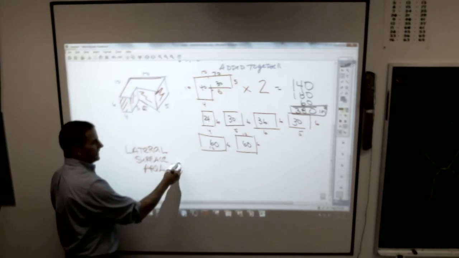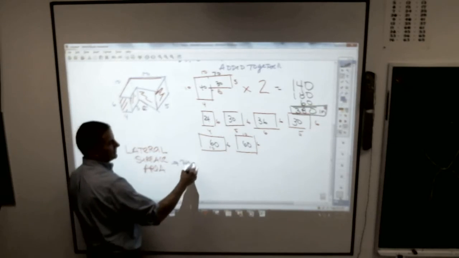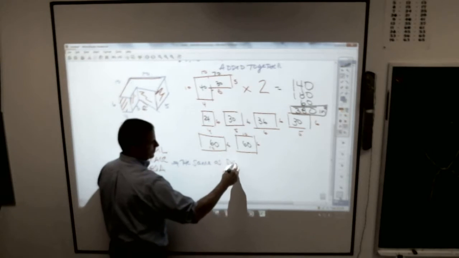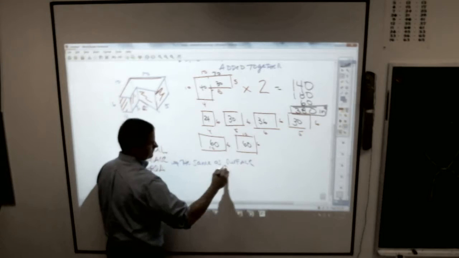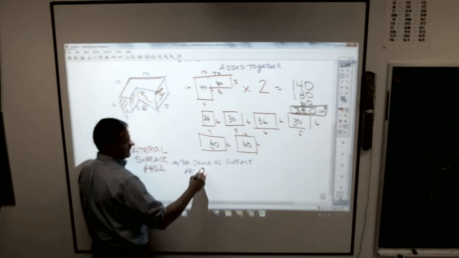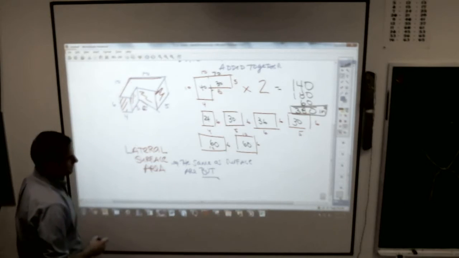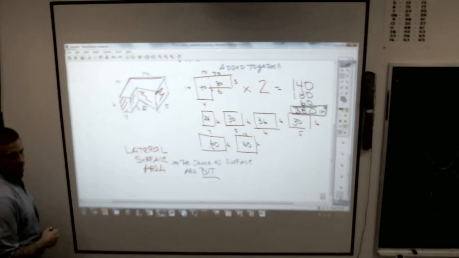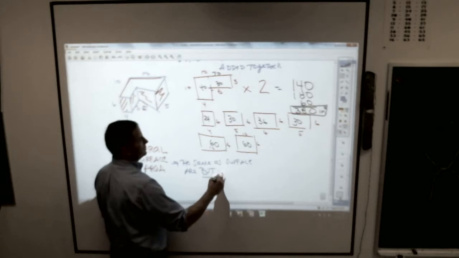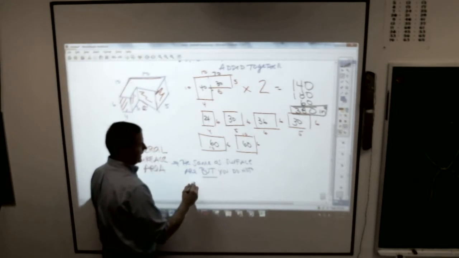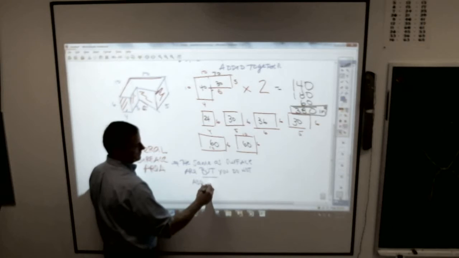And it's quite simply this. It is the same as surface area with a ginormous but in there, and I mean that as a conjunctive form, with a serious but in there, but you do not add the bases in.